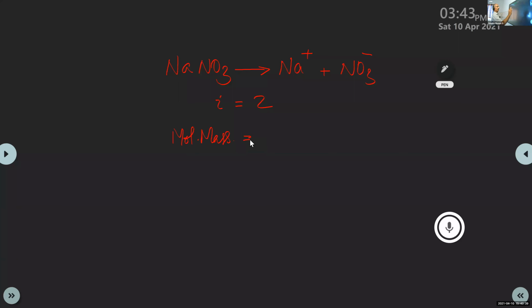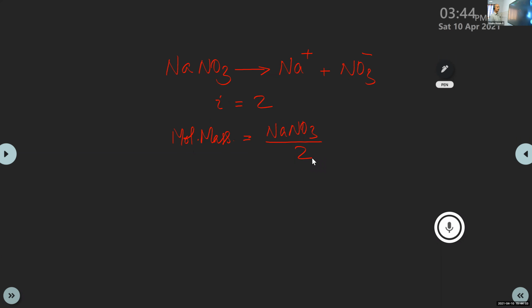It will be only just half. Two ions, so just half. NaNO3 by 2. You can calculate: sodium 23, nitrogen 14, oxygen 16 into 3, all divided by 2. That will be the molecular mass calculated by colligative property measurement.